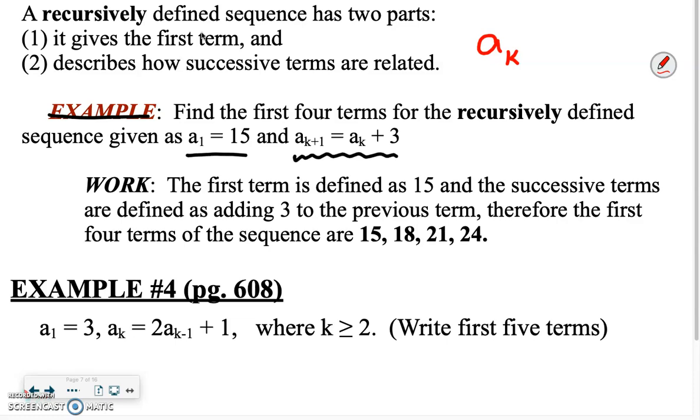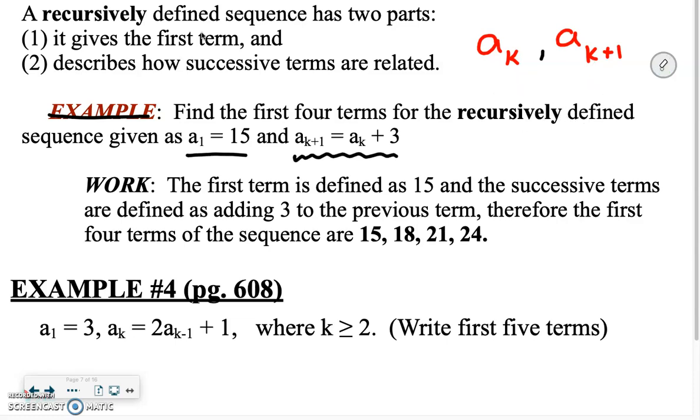But if our task was to figure out, well, if this is where we are, what's the next term? The best we can say is a sub k plus 1. Because if k is equal to 1, then k plus 1, 1 plus 1, would be 2. So if this is a sub 1, then next we would go to a sub 2, because 1 plus 1 is how we obtain 2.